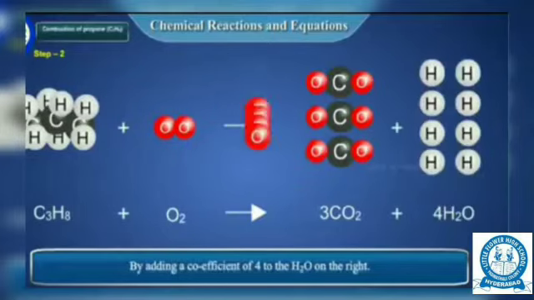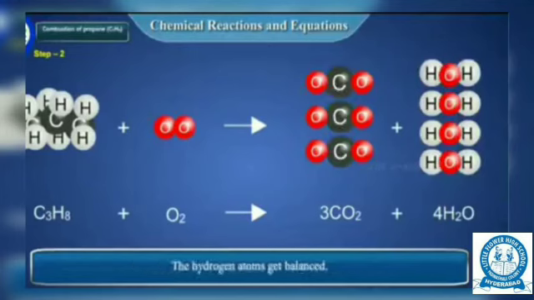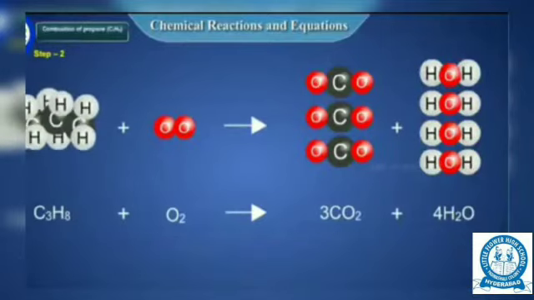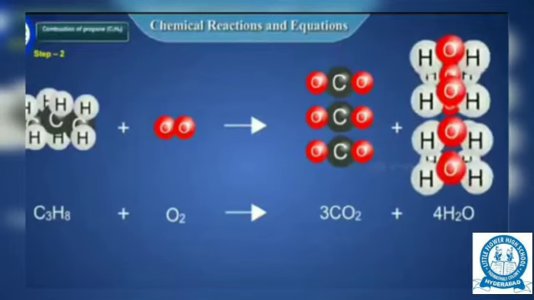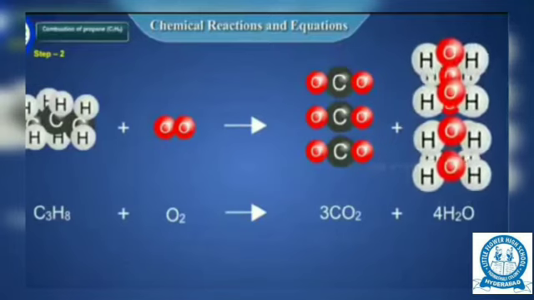By adding a coefficient of 4 to H2O on the right, the hydrogens get balanced. C3H8 plus O2 gives 3CO2 plus 4H2O.